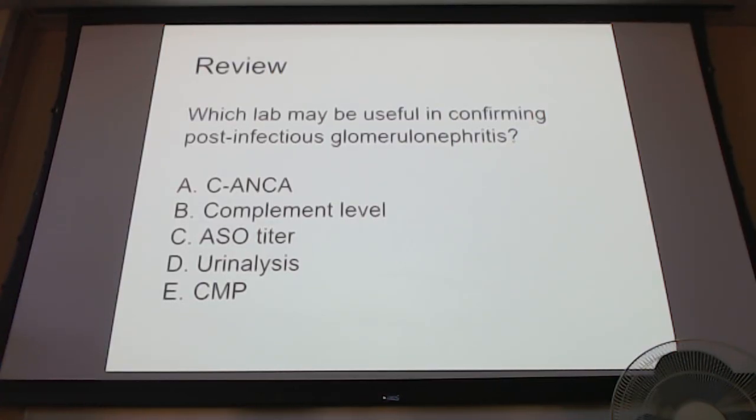Only one of these confirms post-infectious glomerulonephritis. Complement levels might help you differentiate between two conditions, but the only one that's going to tell you for sure that it's post-infectious glomerulonephritis of these choices is an ASO titer.